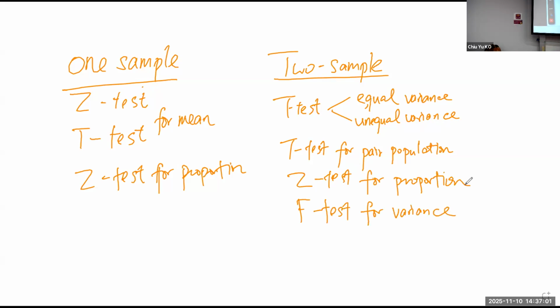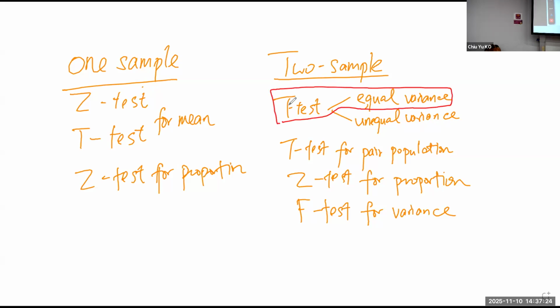So what we do today for ANOVA will be looking at this particular case. In this case, we only have two samples. So what happens if there are many samples?